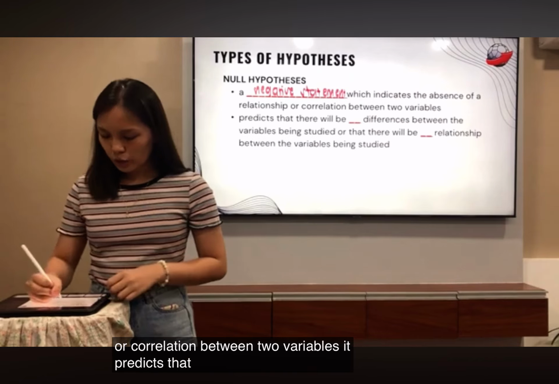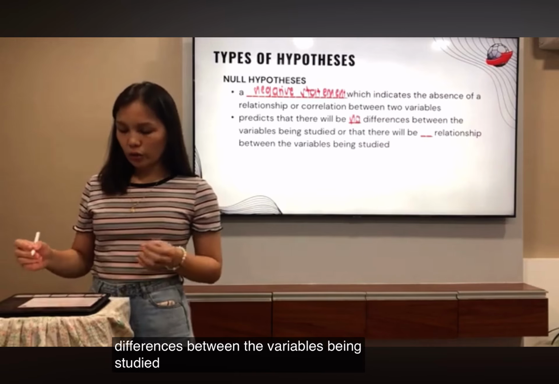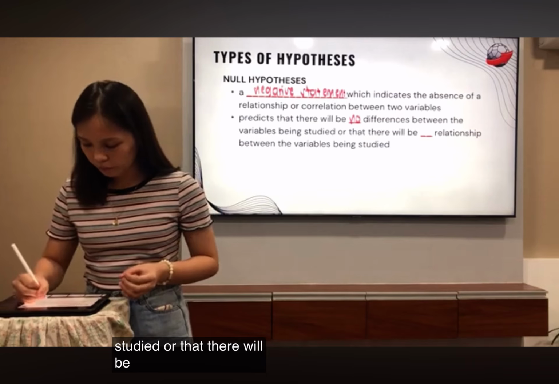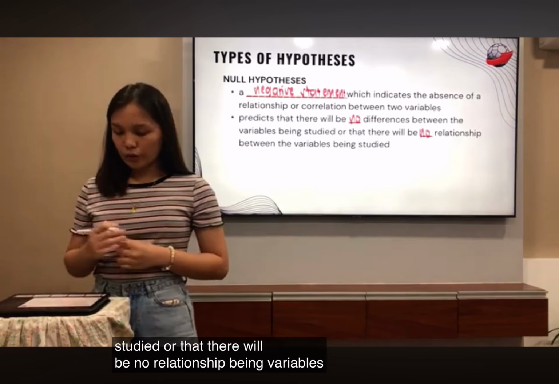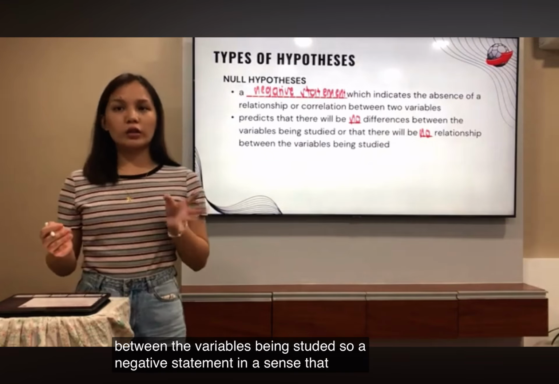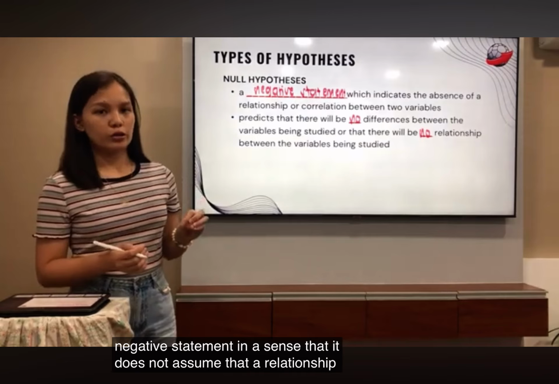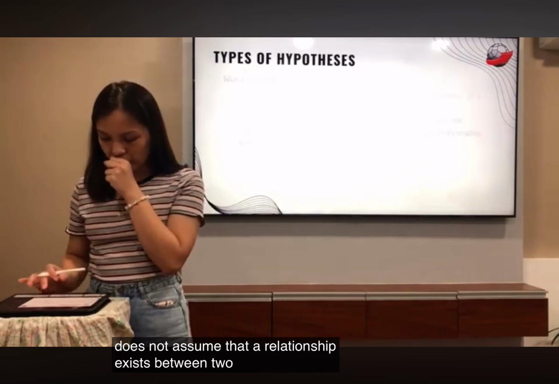It predicts that there will be no differences between the variables being studied, or that there will be no relationship between them. It is a negative statement in the sense that it does not assume that a relationship exists between two variables.